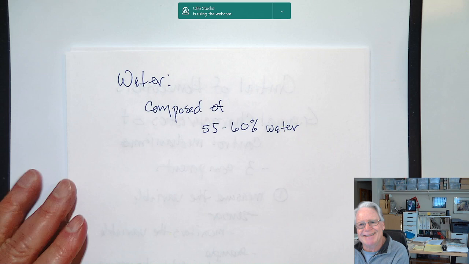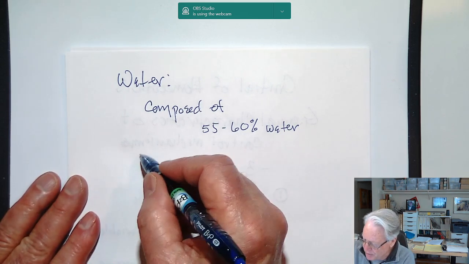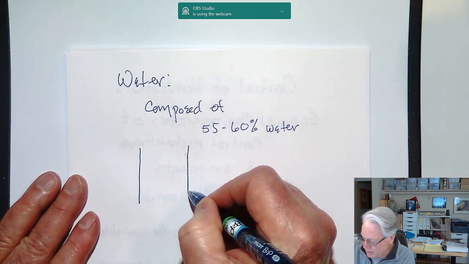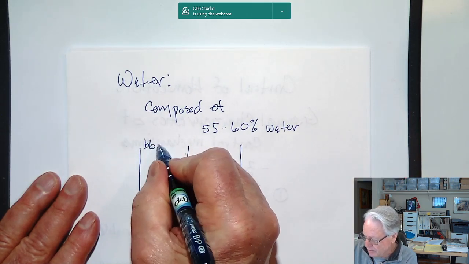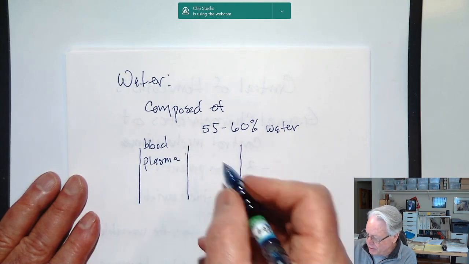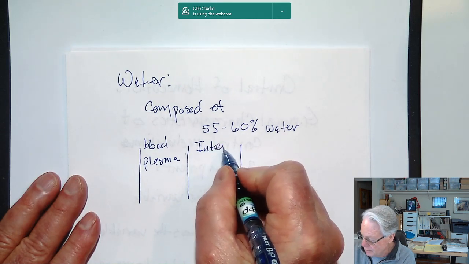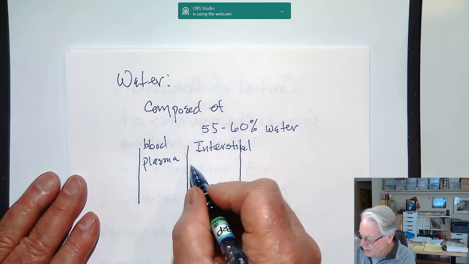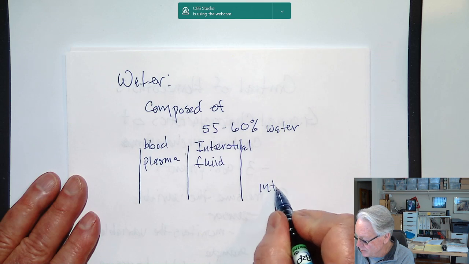We're going to divide that water in our body into three major compartments: blood plasma, interstitial fluid, and intracellular fluid.